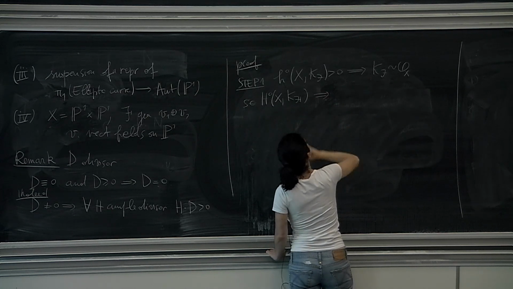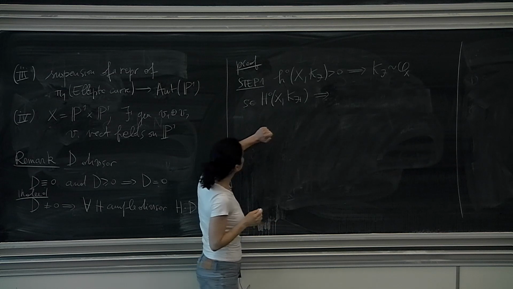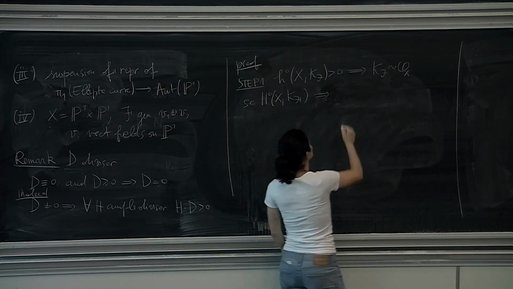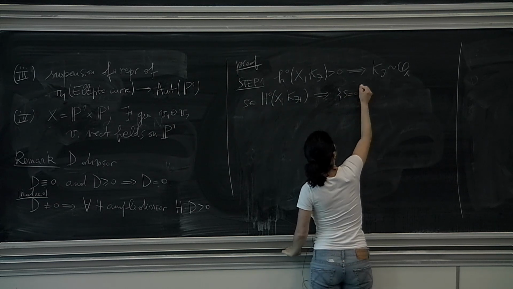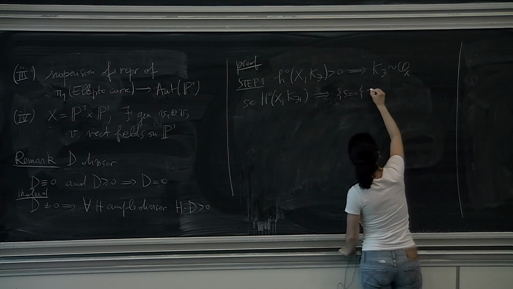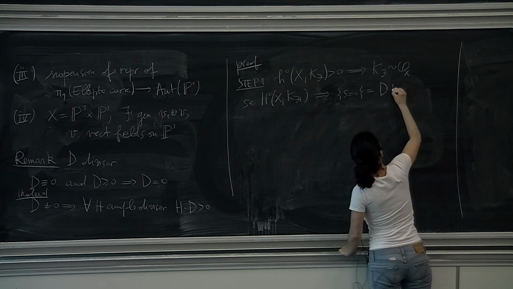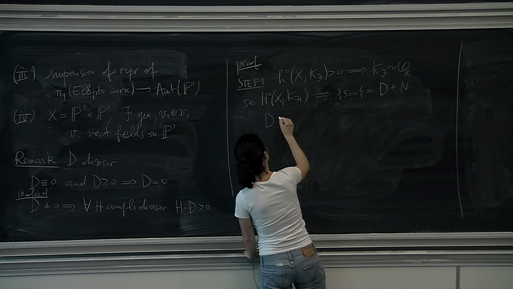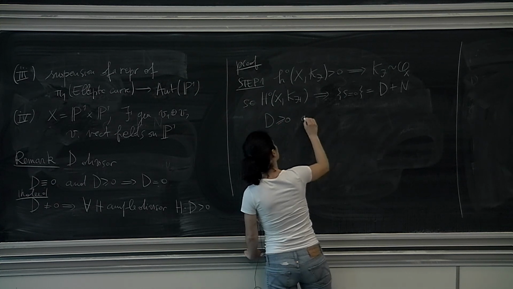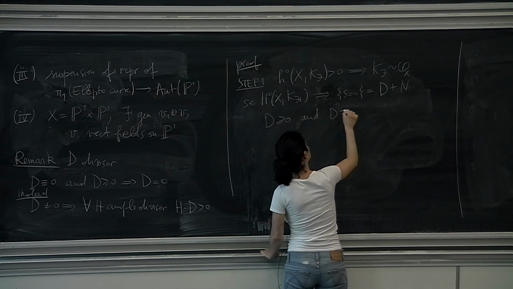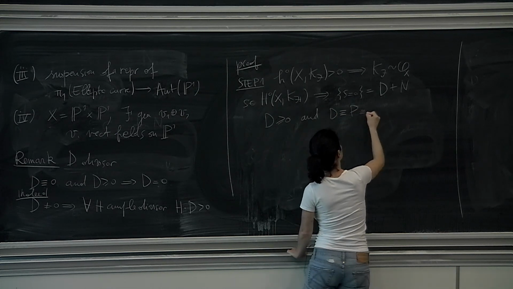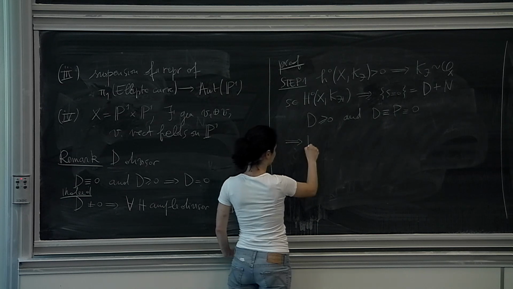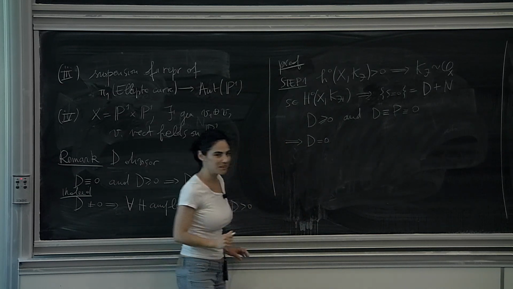Then, well, I told you that KF and P have the same global sections. So if we take the 0 locus, this is D plus N, where D is effective and numerically equivalent to P, which is numerically equivalent to 0. Therefore, D is 0 by the previous remark.